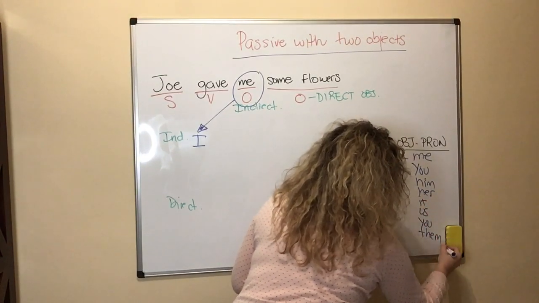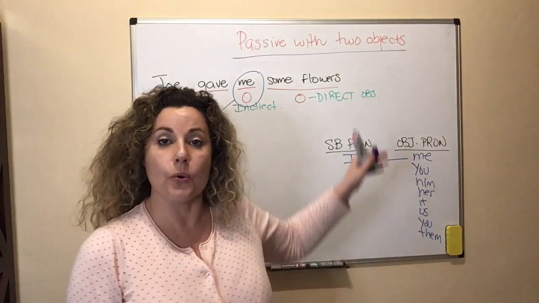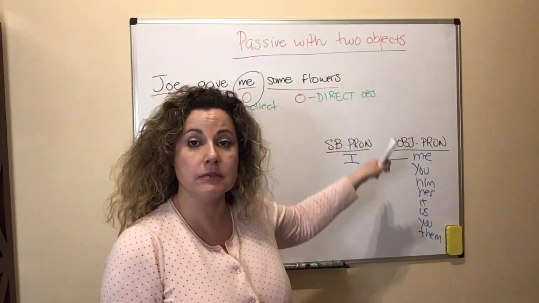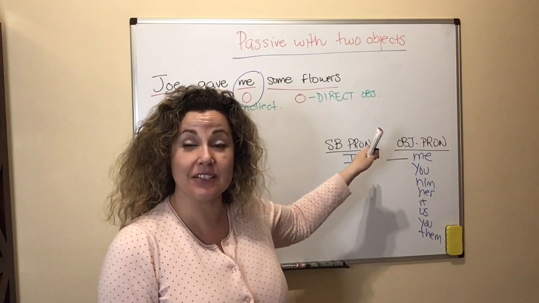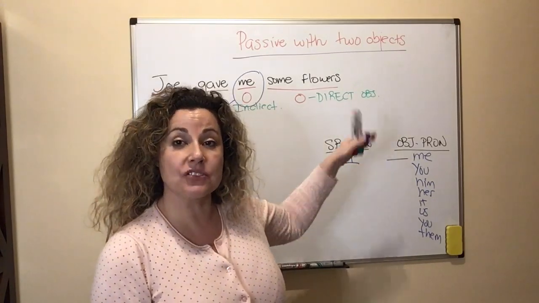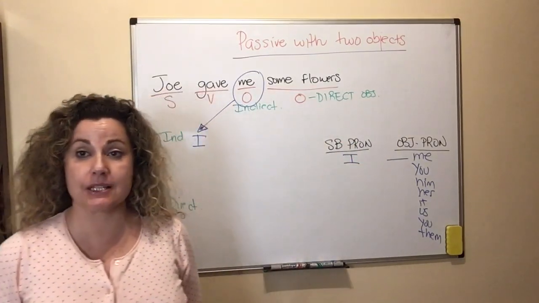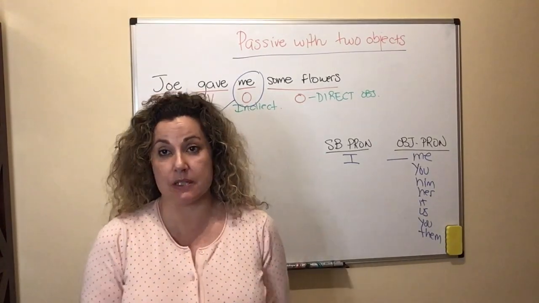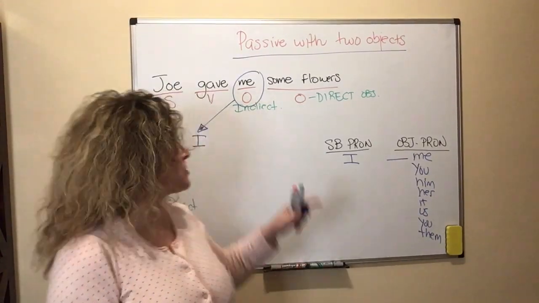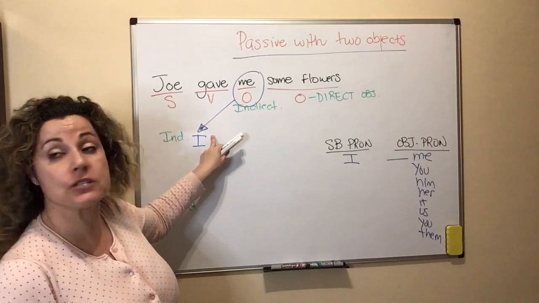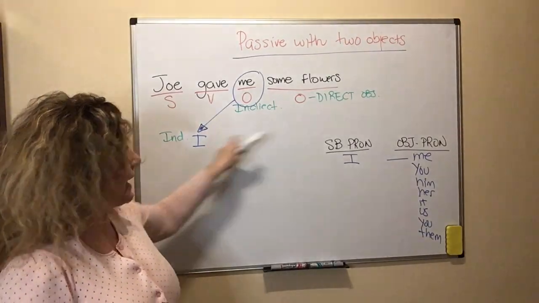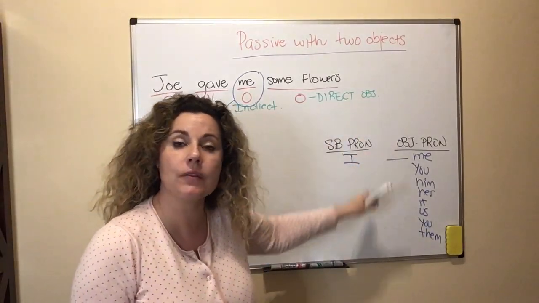So these objects, this pronoun referring to the indirect objects, when they are transformed into a passive structure, they are the subject of the passive structure. So as we see, me is transformed into I.